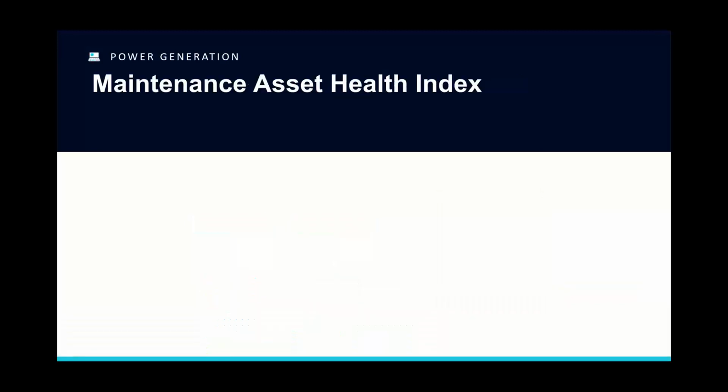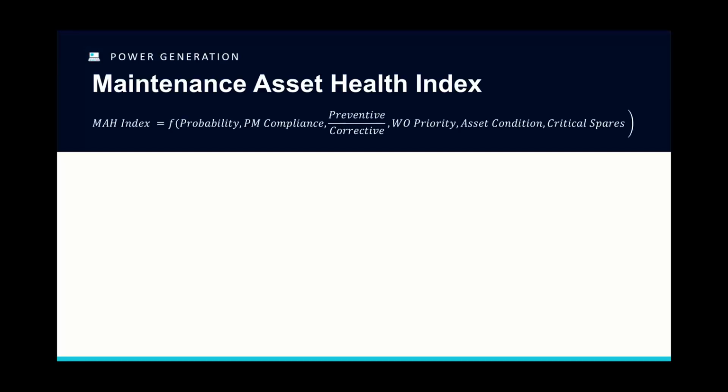So moving on, let's talk about the asset health index. Basically, this is a function that we put together that looks at six different components. First, we're looking at probability. Instead of getting into very complicated engineering, we decided to look at the asset life cycle from the point of view of how much time you have left before the next major overhaul.